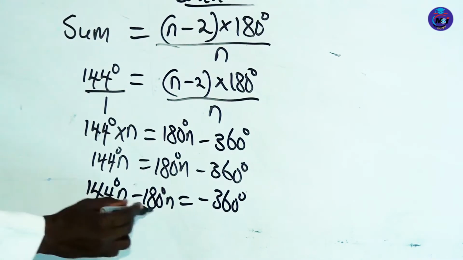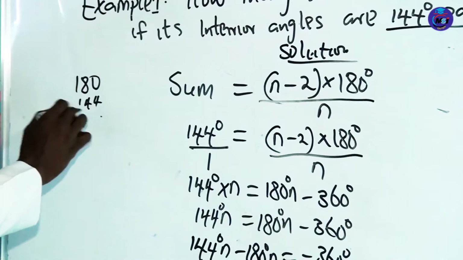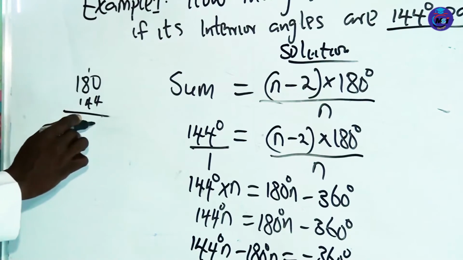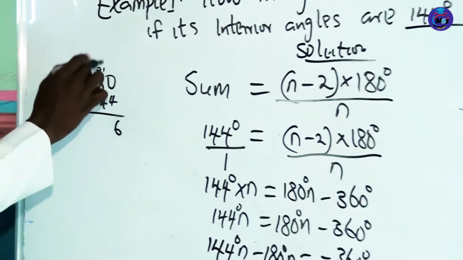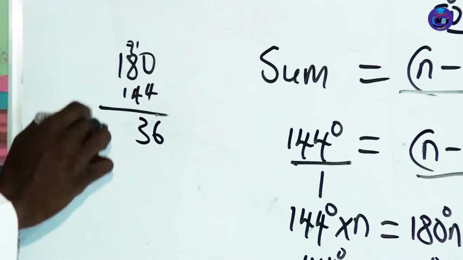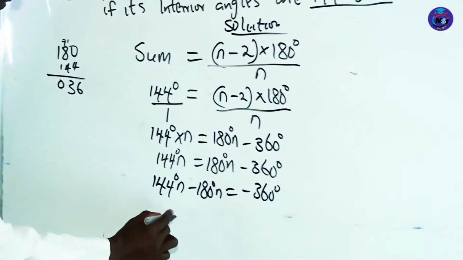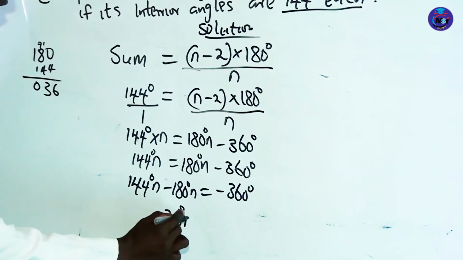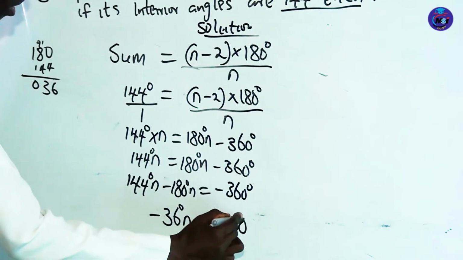Okay, if you subtract 180 minus 144, you borrow 1 here, 10 minus 4 will give you 6. This is 7 minus 4 will give you 3, and 1 minus 1 will give you what? 0. So you have minus 36 degrees n equals minus 360 degrees.